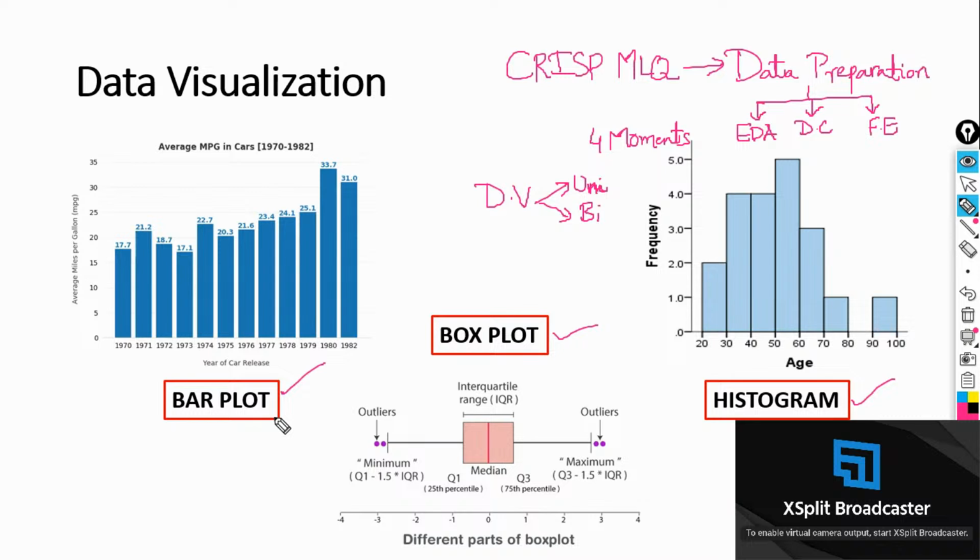Bar plot. What is the objective of visualizing a bar plot? A bar plot is used to understand data distribution. But we have a challenge with respect to visualization of bar plot.